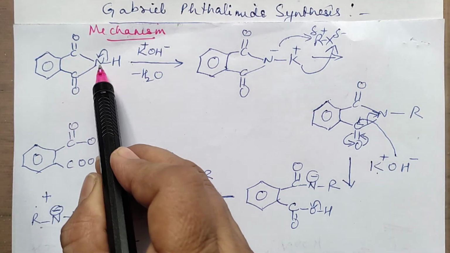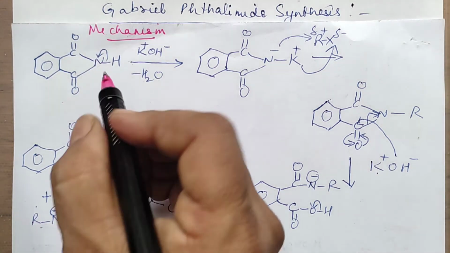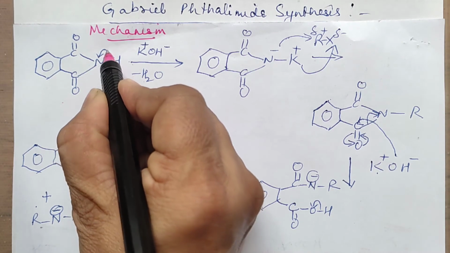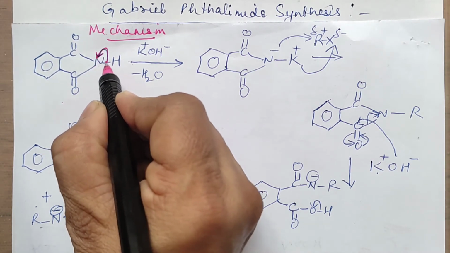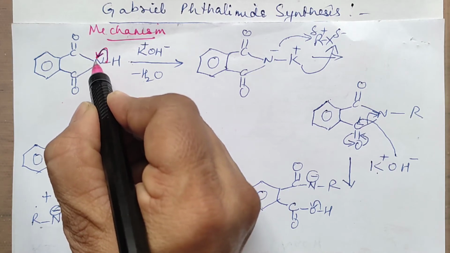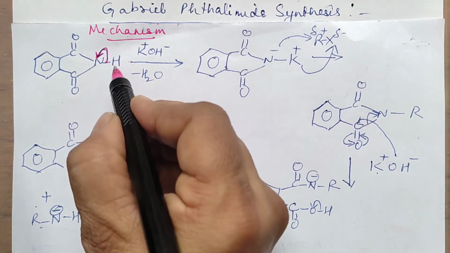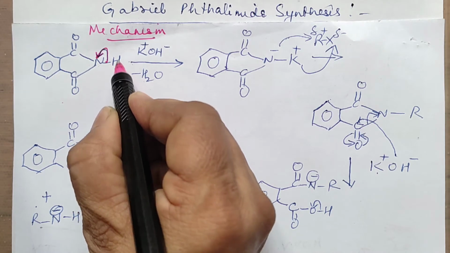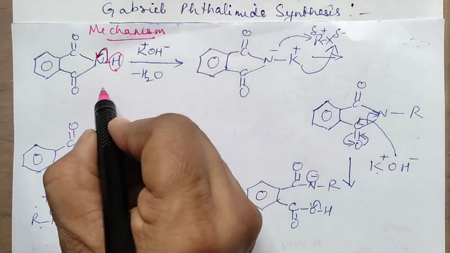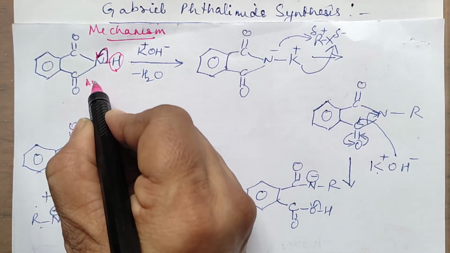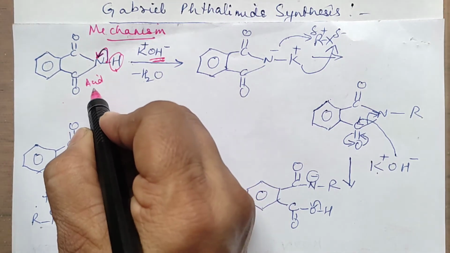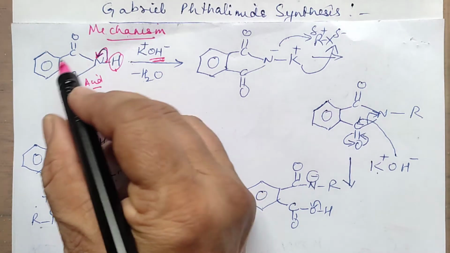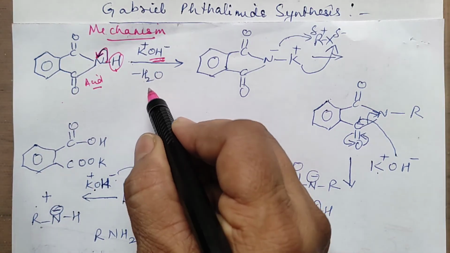Nitrogen is more electronegative, so it will pull the electrons towards itself. When it pulls the electrons toward itself, this bond will go towards N. It will become N minus, and this H plus will come out, that is a proton. In a way, phthalimide is acting as an acid, and the hydroxide is a base. This OH and this H, which is given by phthalimide, come out as water.